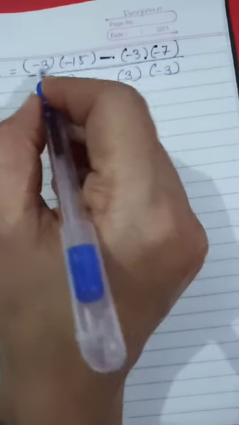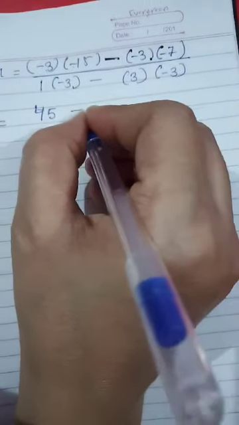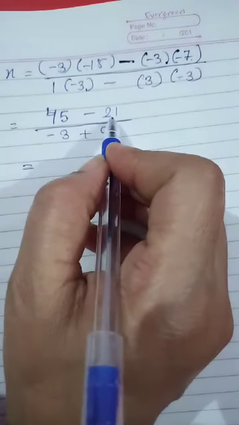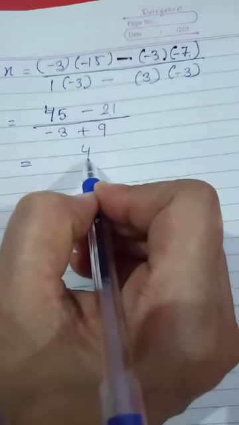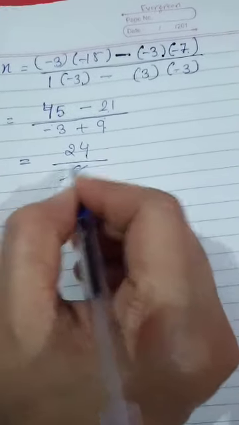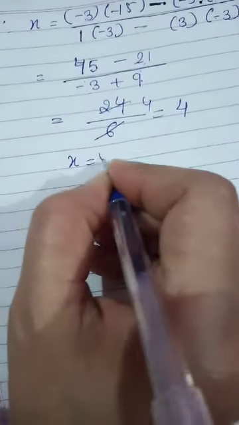So what you are going to get? Minus minus plus 15 threes are 45, minus 3 sevens are 21, minus 3 minus minus plus 9. So 45 minus 21 is 24, 9 minus 3 is 6. 6 fours are 24. So answer is 4. X is equal to 4.